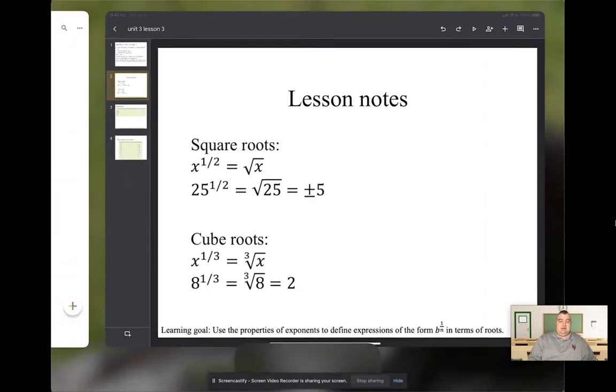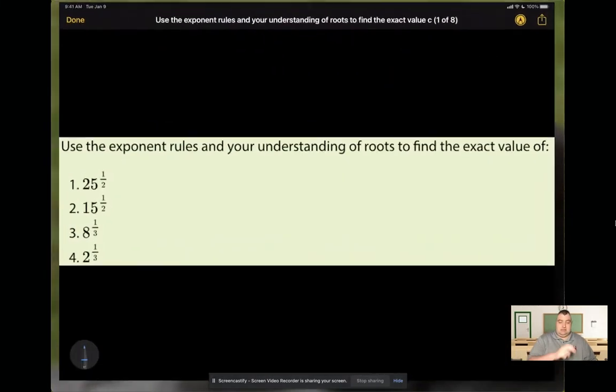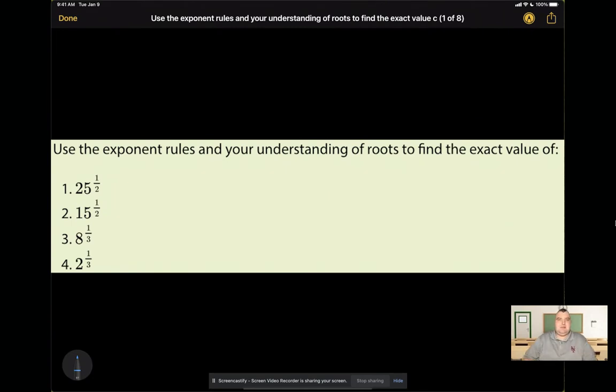So with that in mind, let's take a look at the first set of examples I have in this video. Use the exponent rules and your understanding of roots to find the exact value of the following. So number 1 is 25 to the power of 1/2.